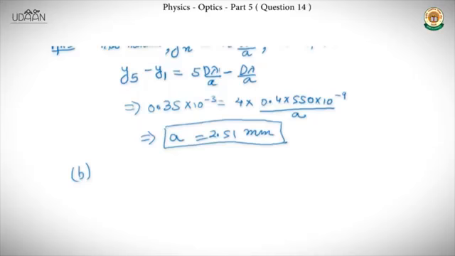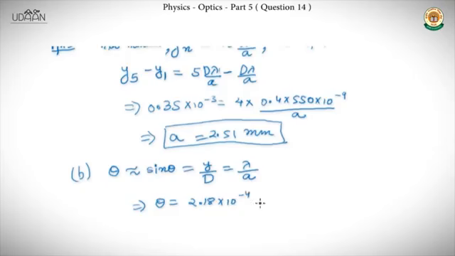So basically for small angles, theta is approximately equal to sine theta, which is equal to y by D, which is equal to lambda by a. Lambda is given and a we have calculated in the first part. So this will give me theta as 2.18 into 10 to the power minus 4 radians.